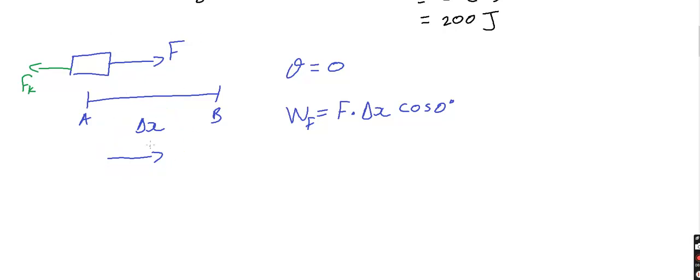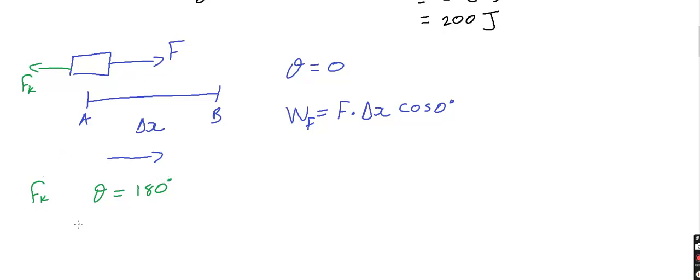If we are using the screen, the displacement is pointing to the right, while the friction is pointing to the left. Now they are pointing in opposite directions along the same straight line. That means that the theta for friction is going to be 180. They are pointing along the same straight line but in opposite directions.